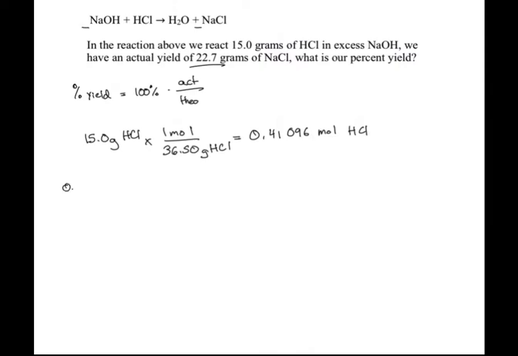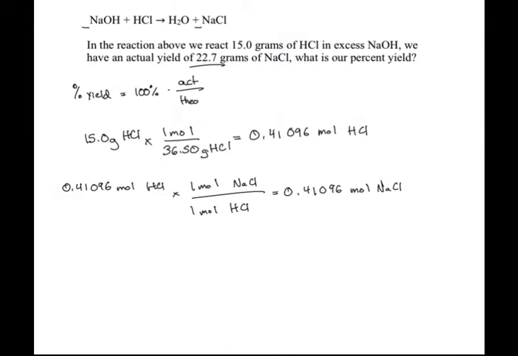And we're going to say 0.41096 moles of HCl multiplied by 1 mole of NaCl per 1 mole of HCl. And obviously we're going to be left with 0.41096 moles of NaCl.